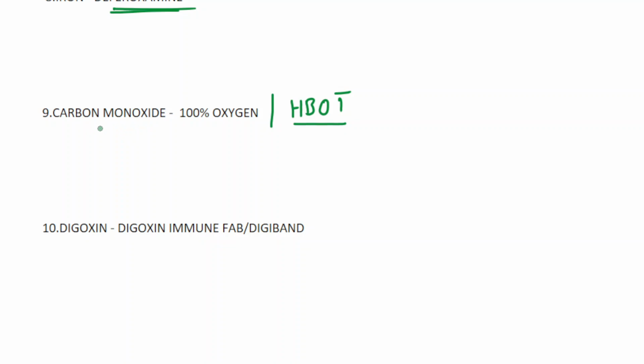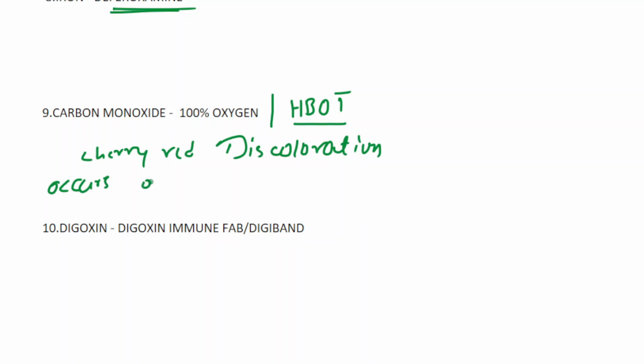In carbon monoxide poisoning, the important feature is cherry red discoloration, which occurs at the trunk region. It is an important feature of carbon monoxide.